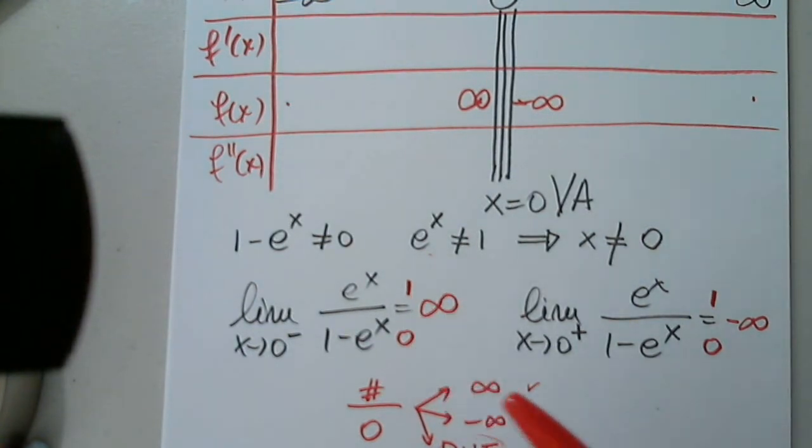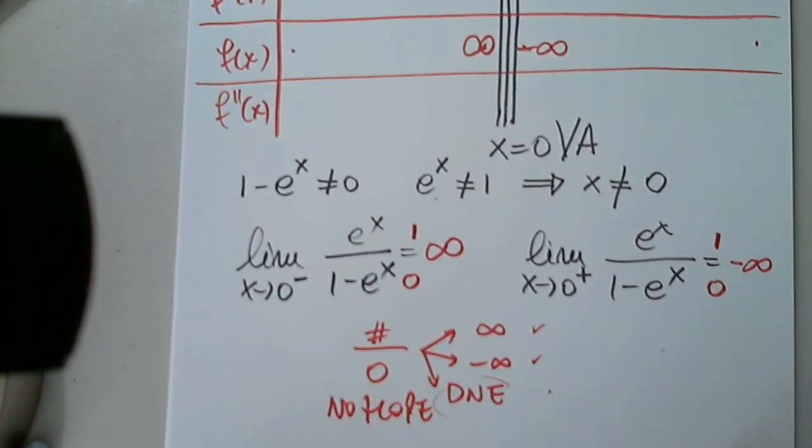So for 1 over 0, you cannot conclude DNE, and you cannot conclude infinity or negative infinity; you have to determine them. But there is absolutely no hope. Such a limit never has hope. It's one of these three. Is that okay?